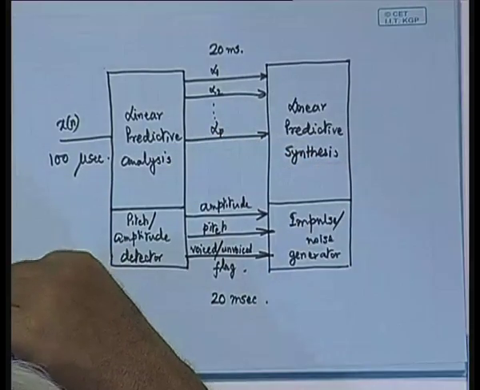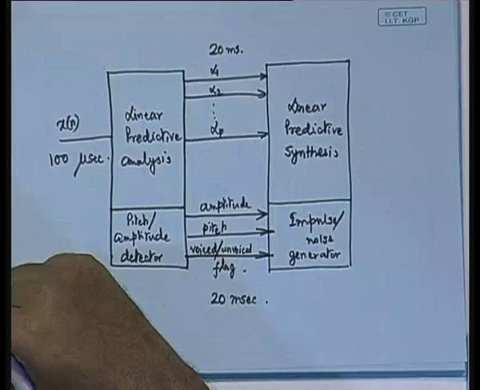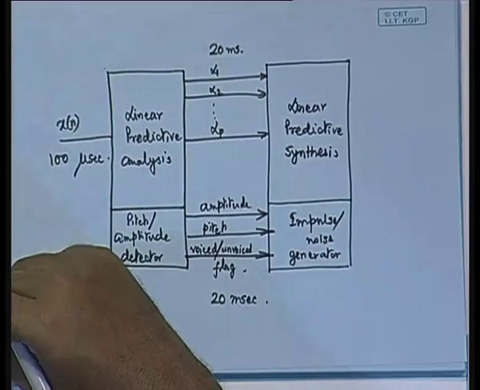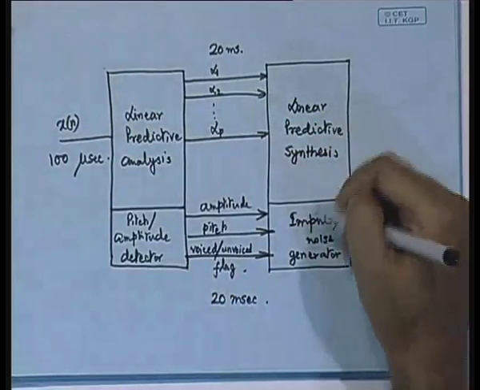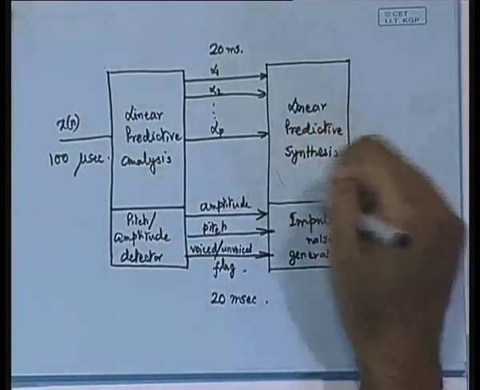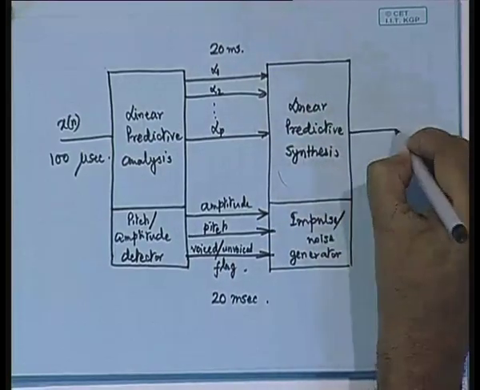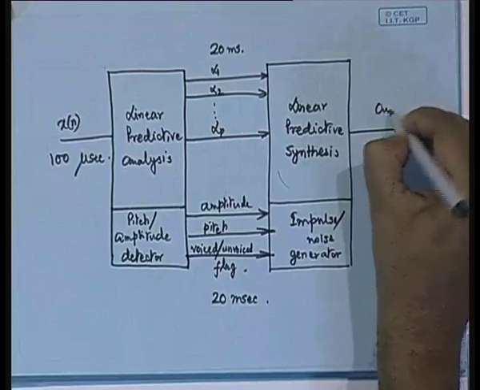If it is voiced, then we have to generate the impulses with the deciding amplitude. And if it is unvoiced, in that case the noise generator has to be switched on. So, ultimately with this impulse noise generator and the linear predictive synthesis, we will be generating the output speech.